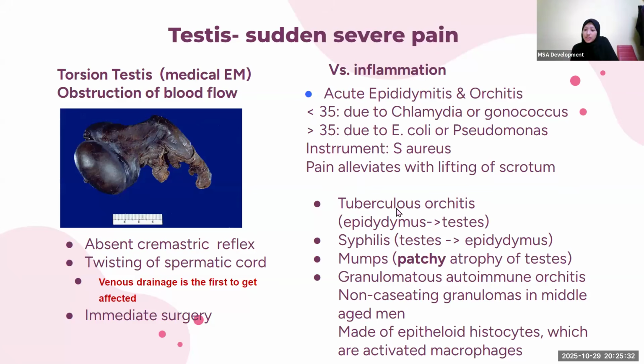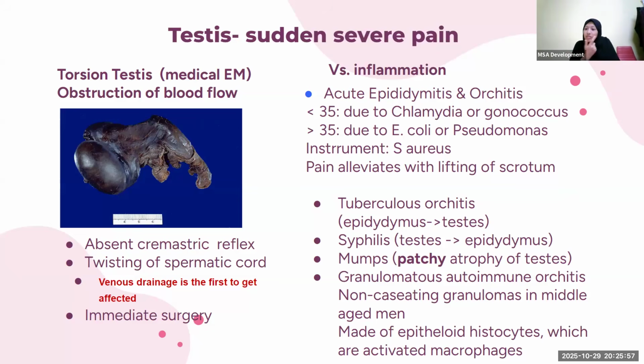Causes can be tuberculosis, which can spread from the epididymis to the testis. Syphilis, again an STI, from the testis to the epididymis. This is just a spread. Mumps is unique because it causes patchy atrophy of the testis. So it doesn't cause the testis to be atrophied equally. It causes patchy ones.